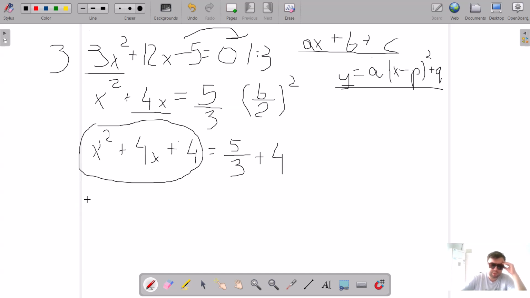Here we see a square of sums, which equals x plus 2 squared. So we see that x plus 2 squared equals 5/3 plus 4.